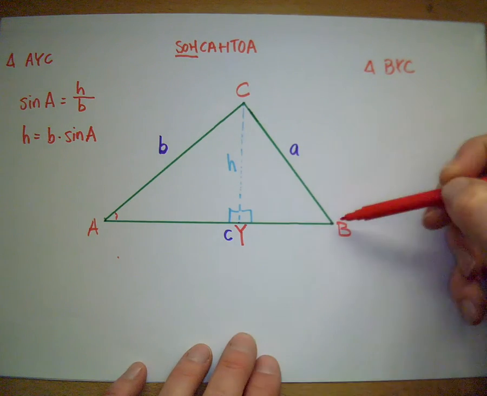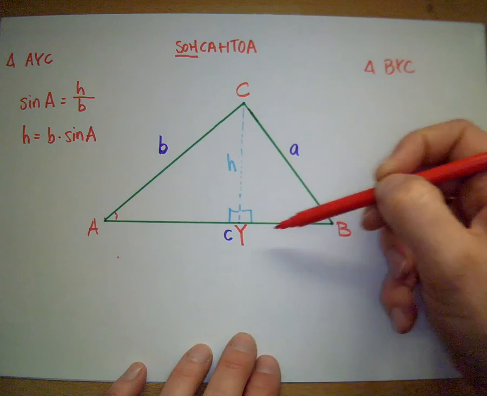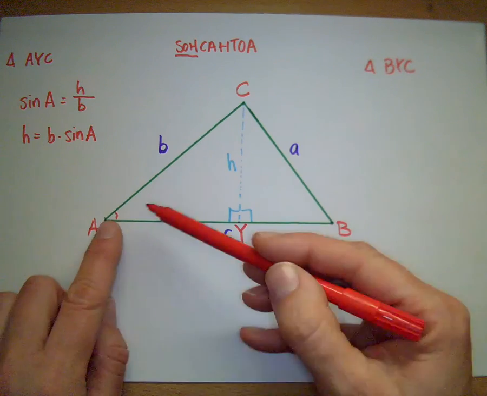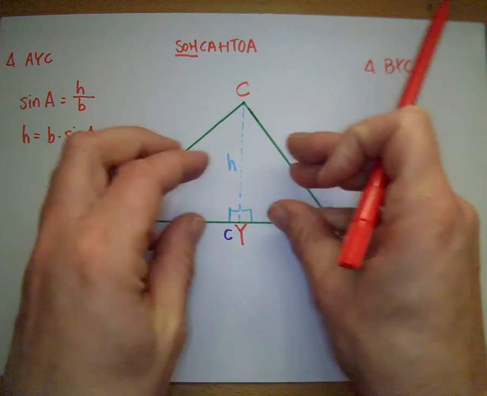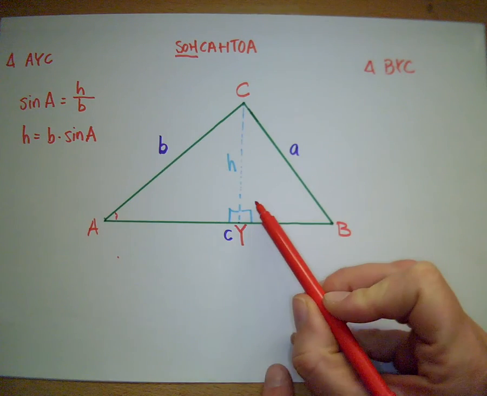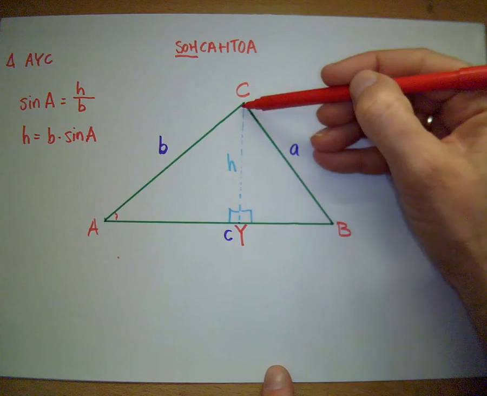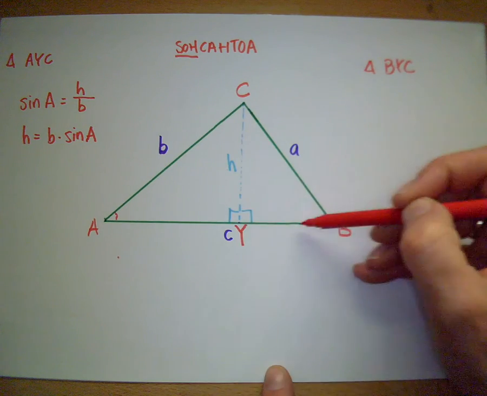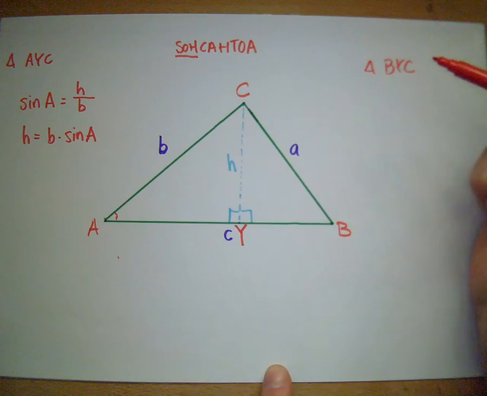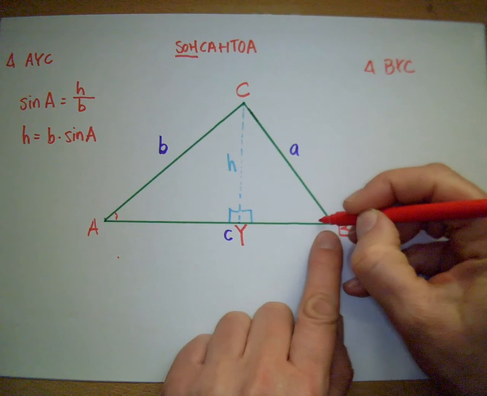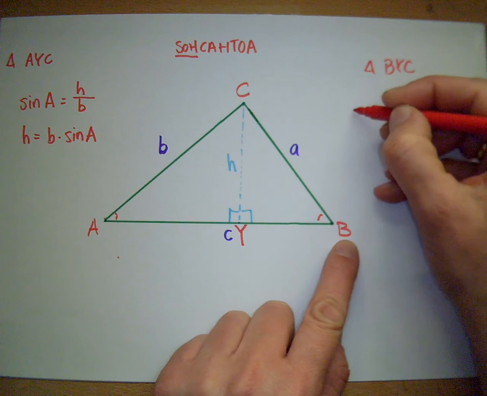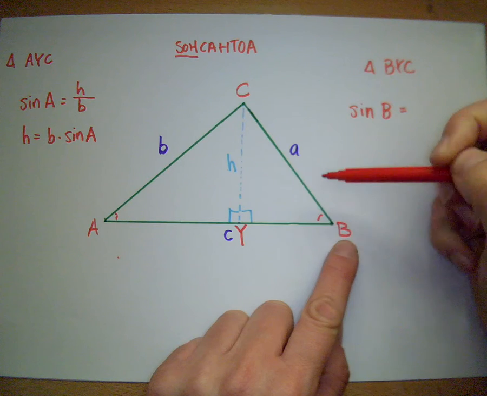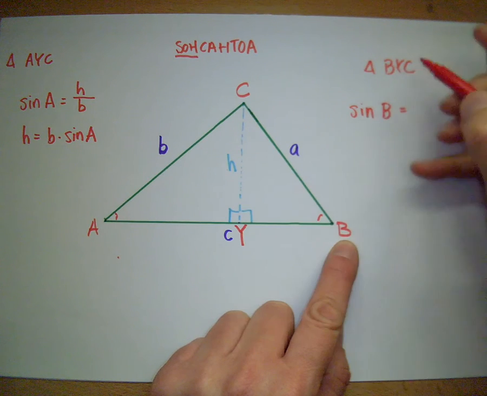Now let's look at this other triangle, BYC. The thing that these two triangles have in common is this side, h. It's in this triangle, it's also in this triangle, right? They have h in common. But let's look at angle B. And the sine of angle B, once again, is opposite over hypotenuse. Opposite, in this case, is also h.